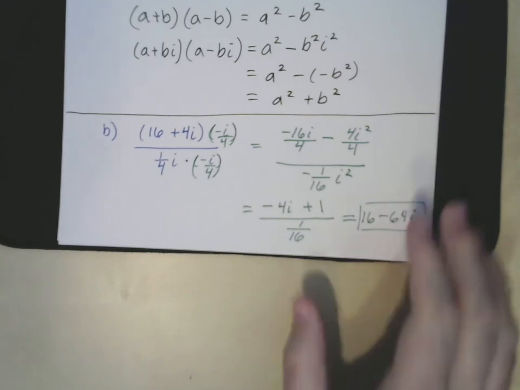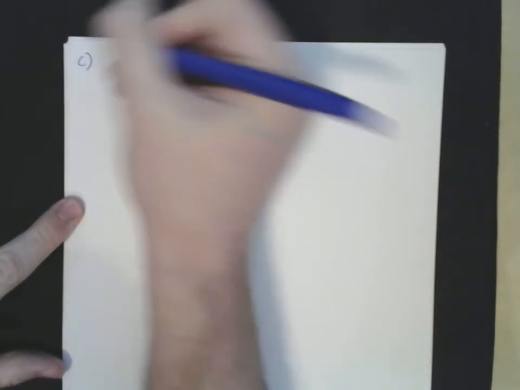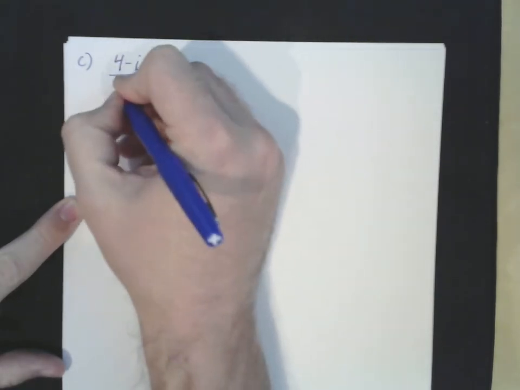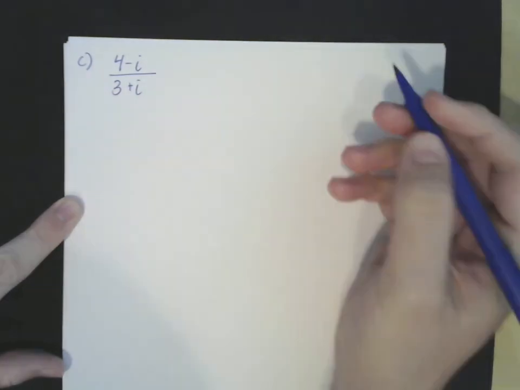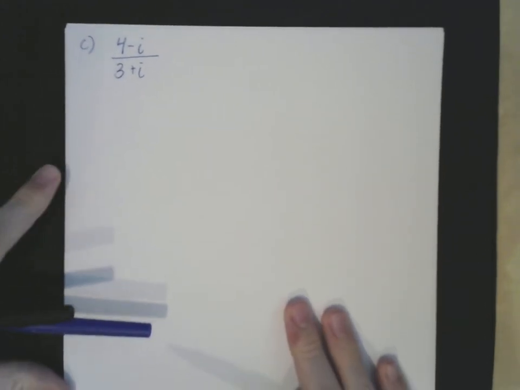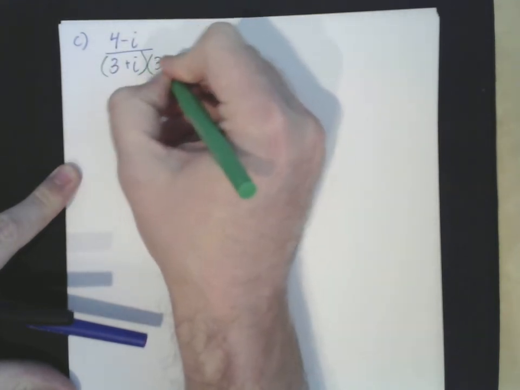So let's do one more, and that'll be the end of this section and the end of this chapter. So C, 4 minus i over 3 plus i. So our conjugate pair for 3 plus i will be 3 minus i.